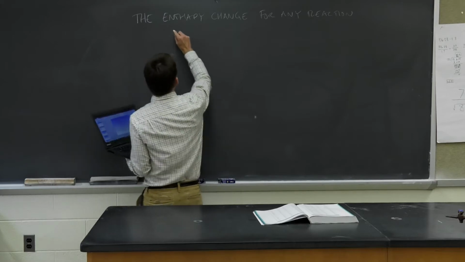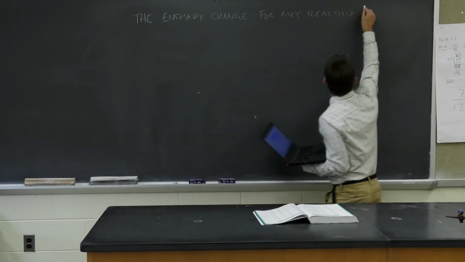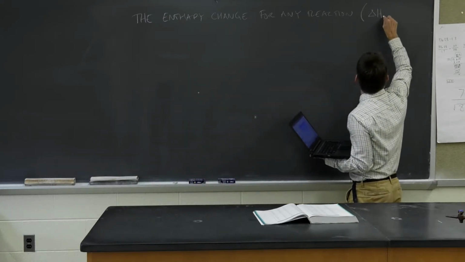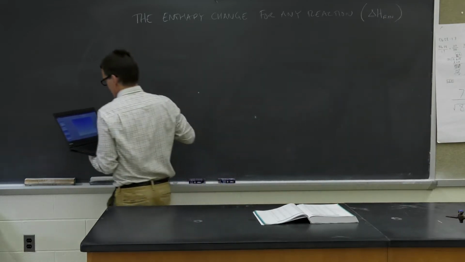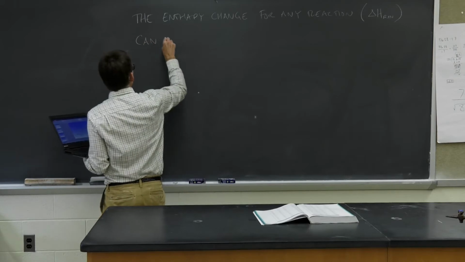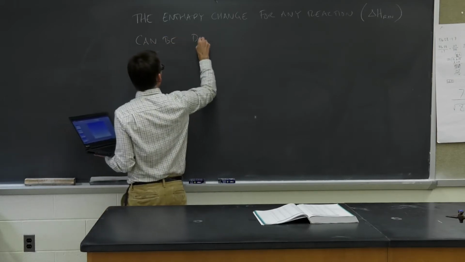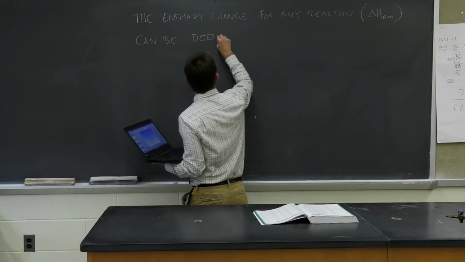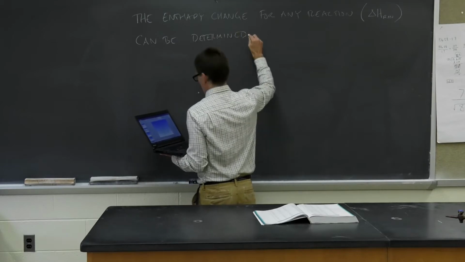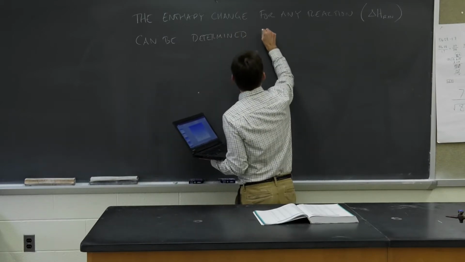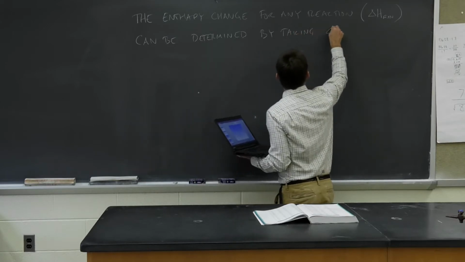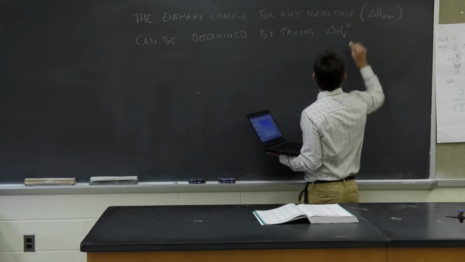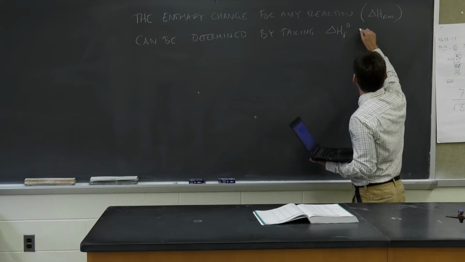The enthalpy change for a reaction, we're going to symbolize that delta H for a particular reaction, can be determined by taking the standard enthalpy of formation of the reactants.